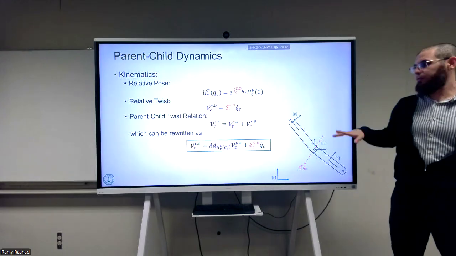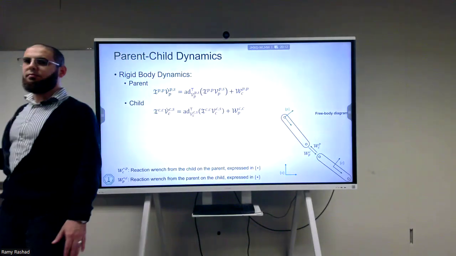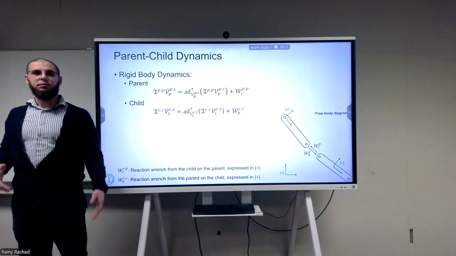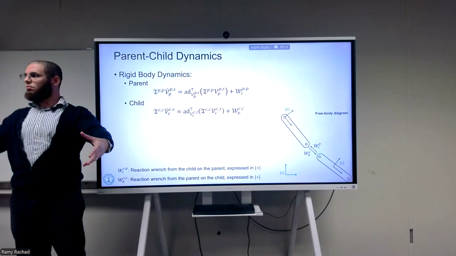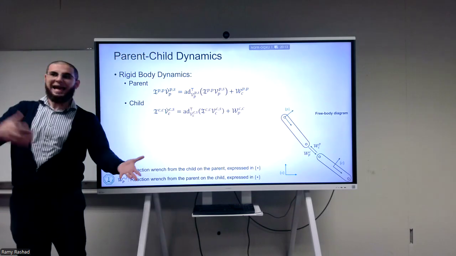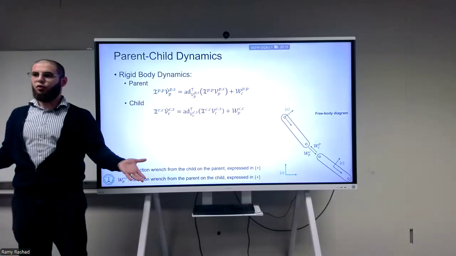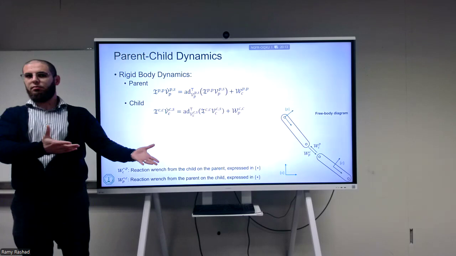What about the dynamic stuff? You're all familiar with the free body diagram? What happens when we do a free body diagram? You talk about the reaction forces, exactly. There are two bodies, and the first body is acting on the second body with some force. The second body is acting on the first with a force. In general this could be a force and a torque, which means a wrench.